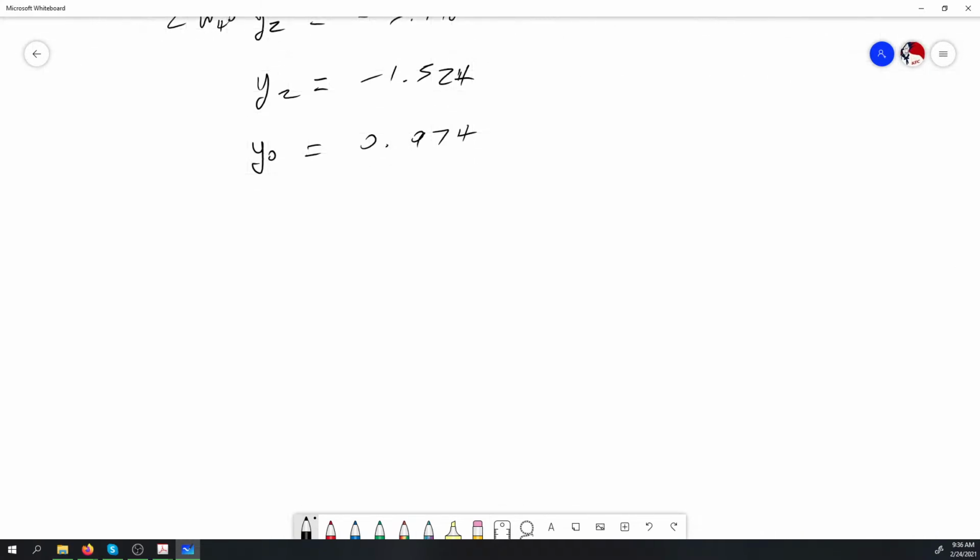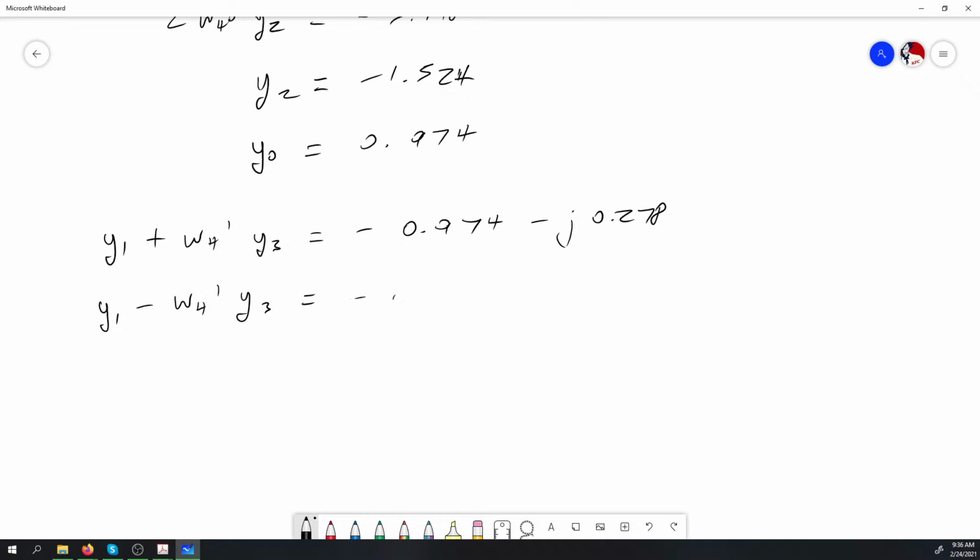So write that in. This one here is going to be y1 plus w4 of 1 y3 equal to minus 0.974 minus j 0.278. And y1 conversely, minus w4 of 1 y3, is going to be equal to minus 0.974 plus j 0.278.